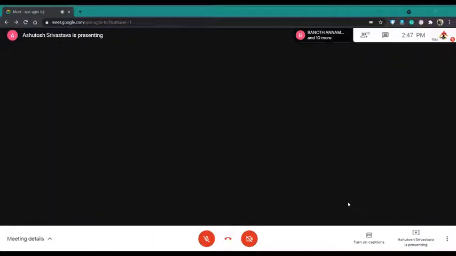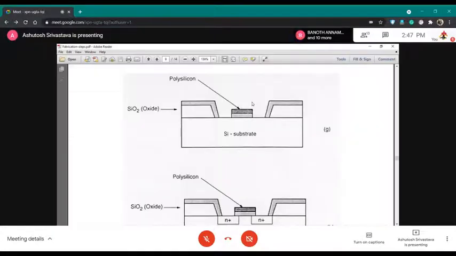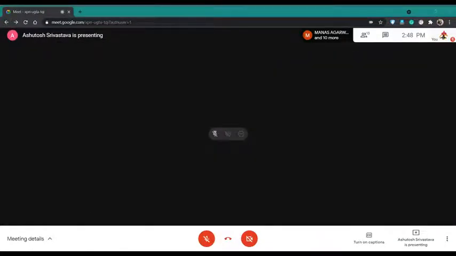Here you already having polysilicon. So polysilicon has very high density of electrons. So N plus. So if you are doing ion implantation, only this area and this area will show reflections of change. It will change to N plus and N plus region, which is forming your source and drain.